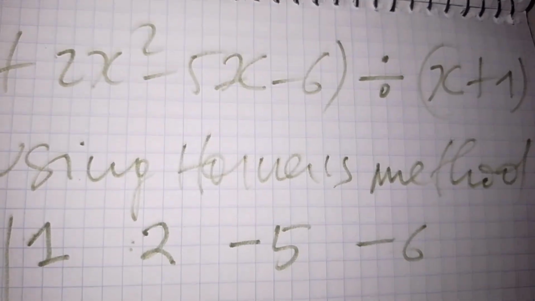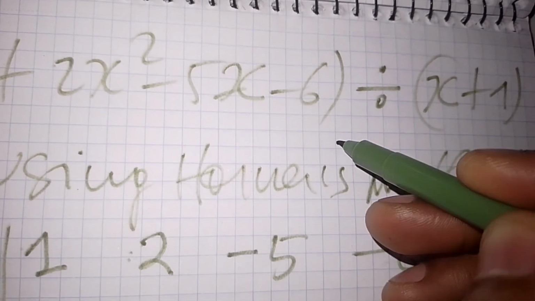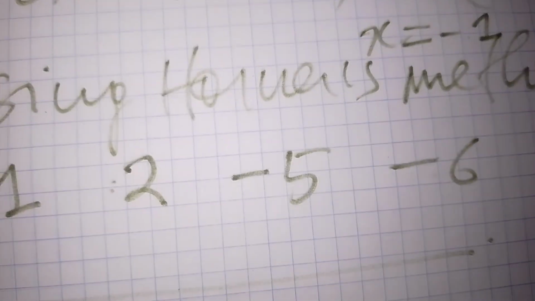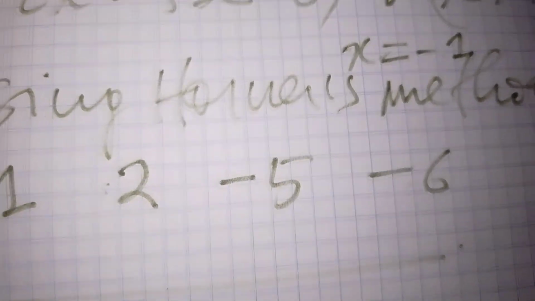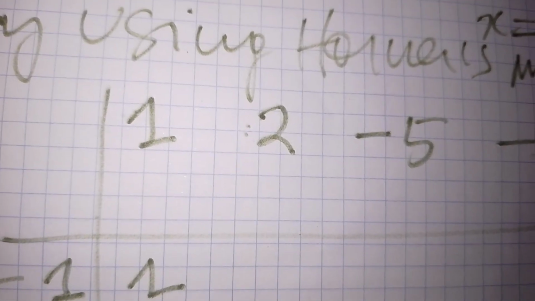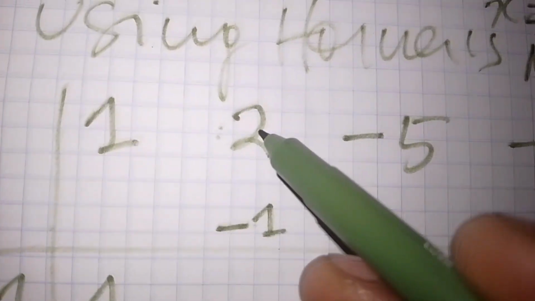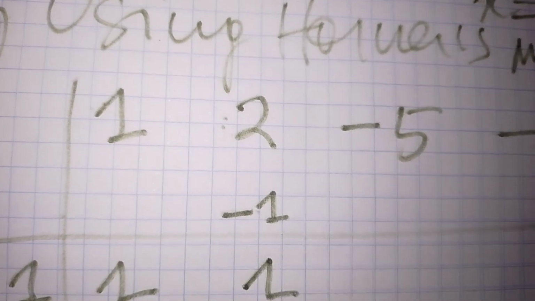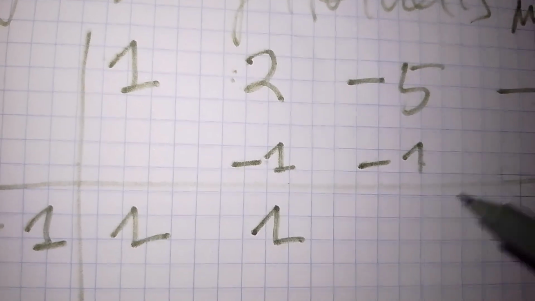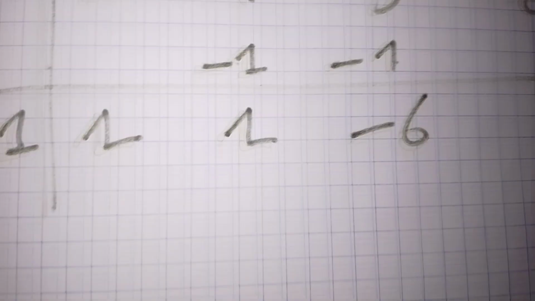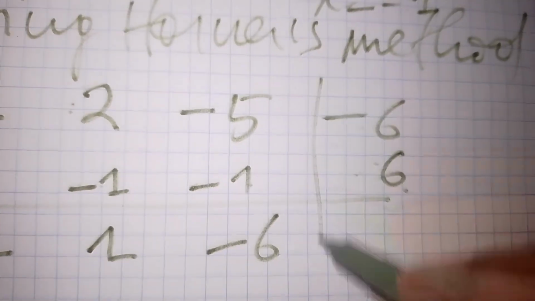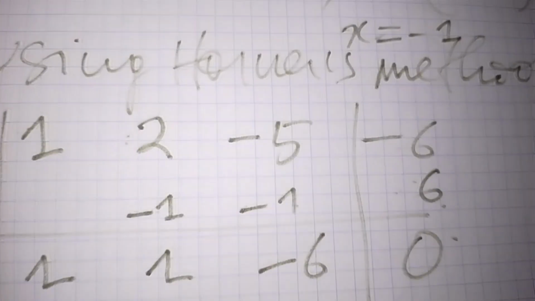For x plus 1, we have x equal to minus 1. I'm going to put minus 1 here, and you have 1. Minus 1 times 1 is equal to minus 1. 2 minus 1 is equal to 1. Minus 1 times 1 is equal to minus 1. Minus 5 minus 1 is minus 6. Minus 1 times minus 6 equals 6. Here is equal to 0.